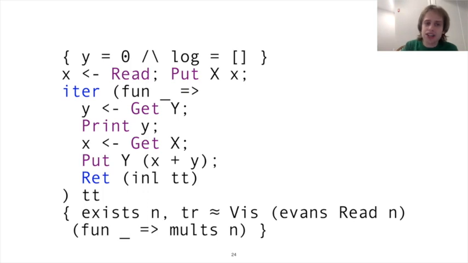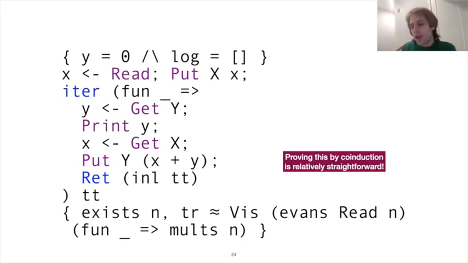We've got this precondition that y is 0 and the input log is empty, and this postcondition that the final log satisfies the condition that there exists some n such that tr is the trace that first outputs a read event that evaluates to n, and then prints in order all of the multiples of n. And this mults function is a pretty simple cofix point in Coq, not really worth getting into. And then we can prove this by relatively straightforward coinduction.